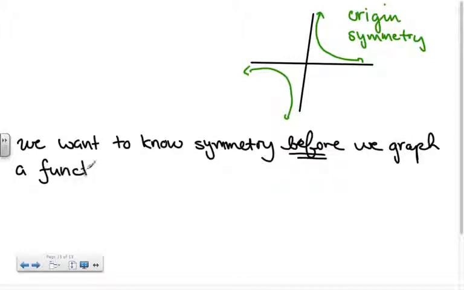And why do we want to know the symmetry beforehand? The reason is because it will make our graphing easier. Symmetry means we'll have to do less work. Okay. And so we have a few tests for graphical symmetry, which are as follows.